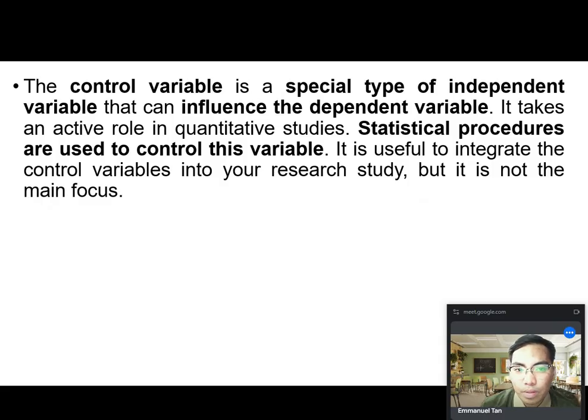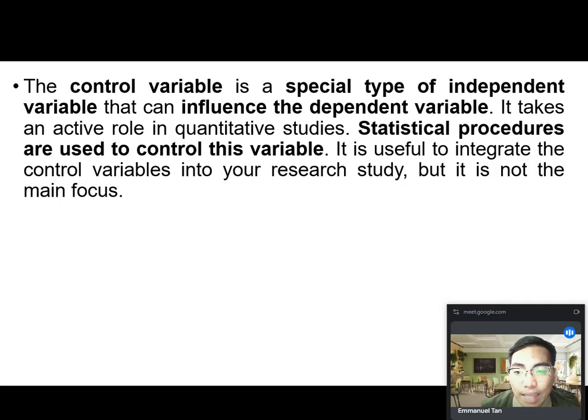Okay? Now, the control variable. Okay? The control variable is a special type of independent variable that can also influence the dependent variable, like what I explained to you from the previous session, the role of control variable.